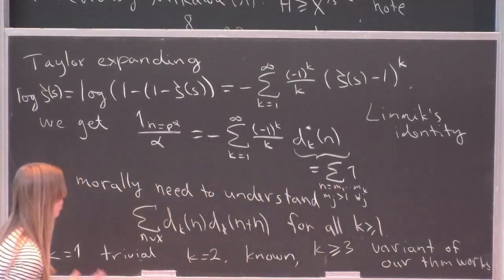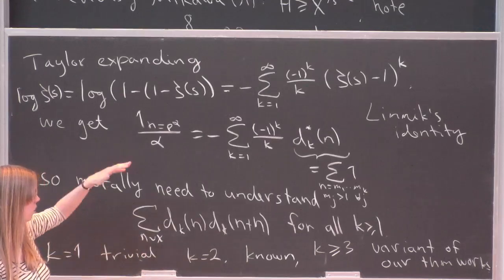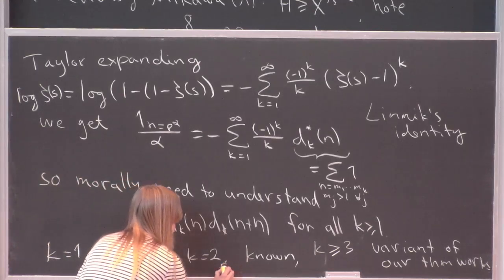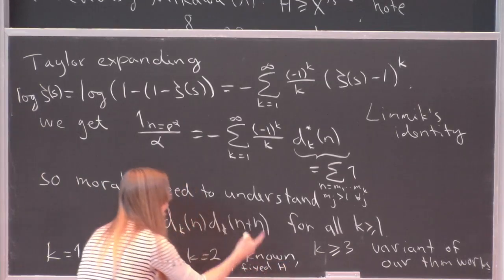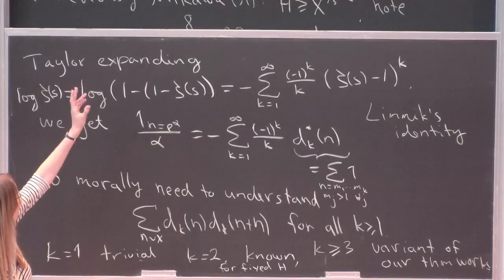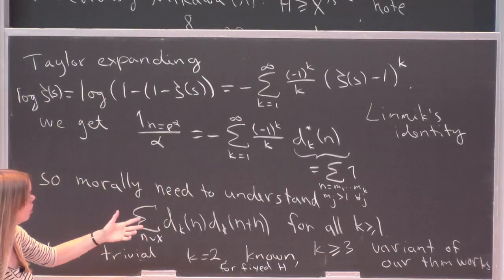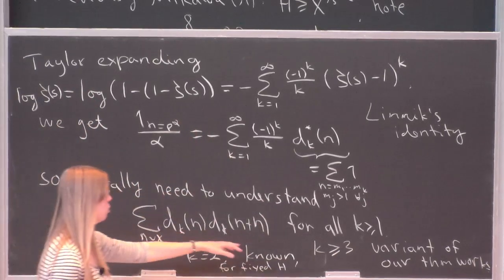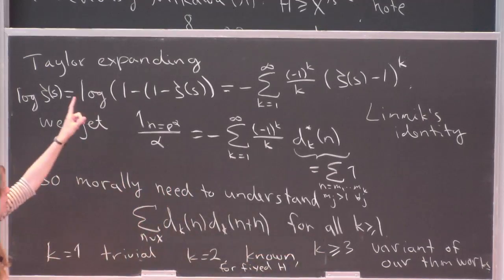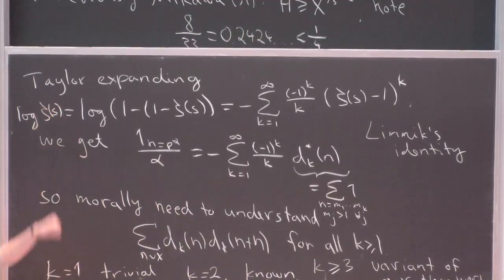So for divisor correlations, it also works for k equal to 1 or k equal to 2, but those are already known for fixed h. And for k at least 3, the variant is that there is a different main term. But we can get the same range for h and the same logarithmic savings also in the case of the k-fold divisor functions for that theorem. And that's essentially what we do in order to deduce this theorem for the von Mangoldt function.